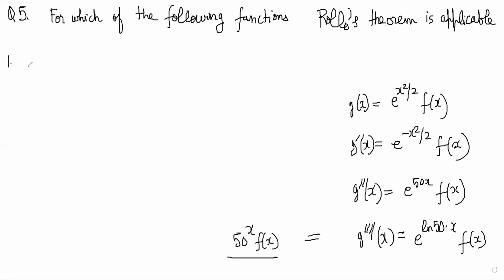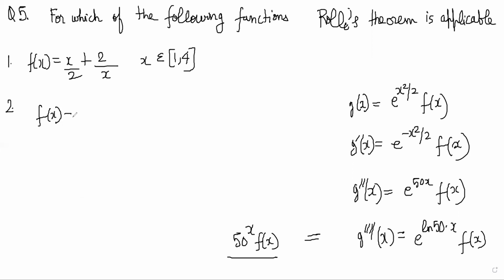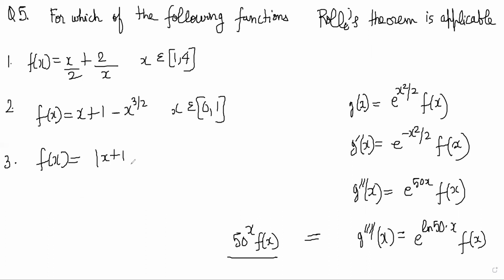Options are: f of x is equal to x by 2 plus 2 by x, x belongs to 1 to 4. f of x is equal to x plus 1 minus x power 3 by 2, x belongs to 0 to 1. f of x is equal to mod of x plus 1 power 3, x belongs to minus 2 to 0.